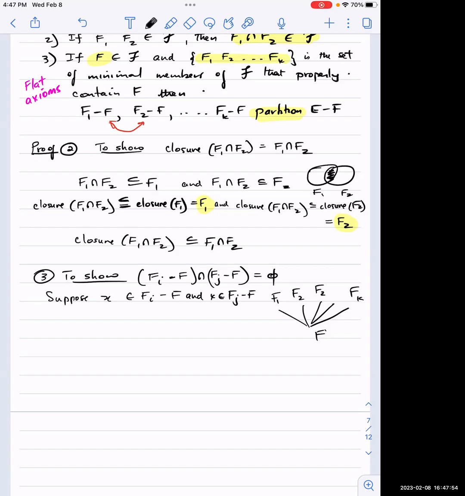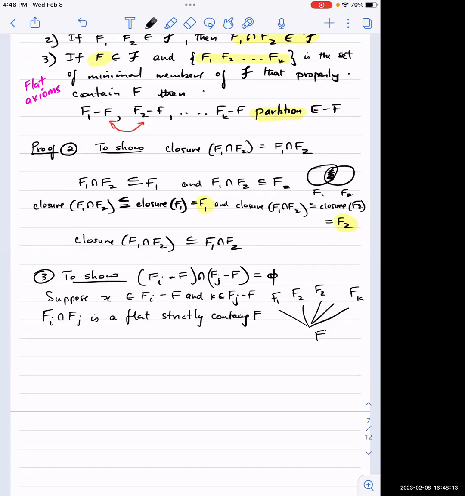Now, Fi intersection Fj is a flat strictly containing F, right?